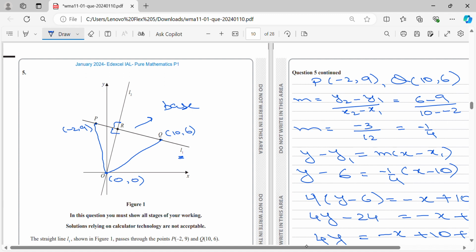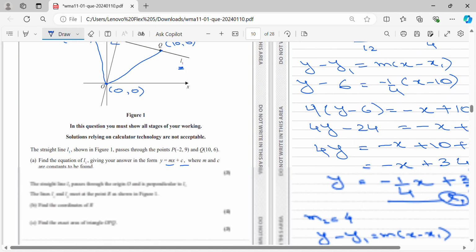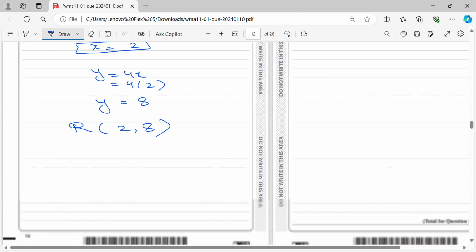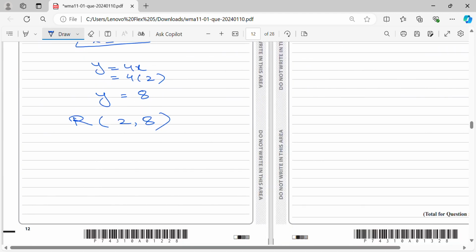So let's find the distance of PQ and OR. Let me draw the triangle to get the idea.